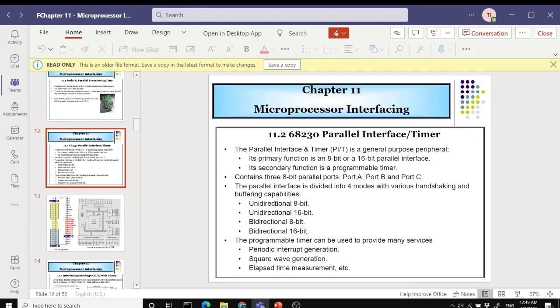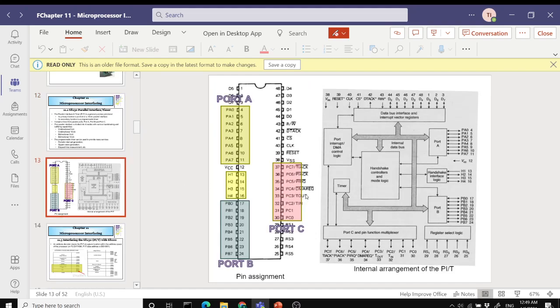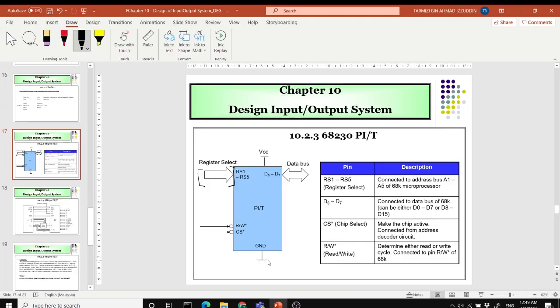There are a few registers that you can select. Where is it? Okay, this part here, the register select logic. The register select is the pin that you're going to interface with your address bus.